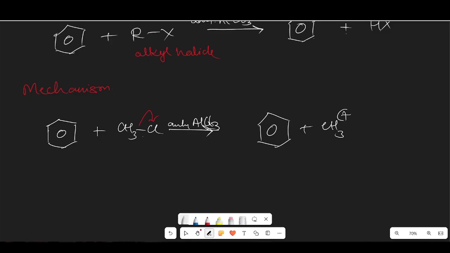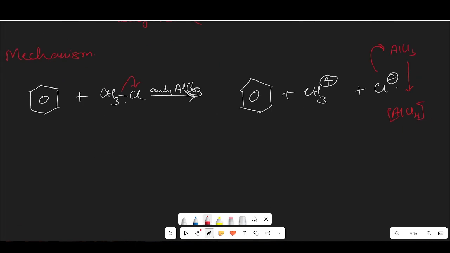We have a methyl carbocation, which as we all know is very unstable, followed by chloride ion, which will attack on the catalyst to form the nucleophile catalyst complex, AlCl3. This will form the AlCl4 complex. That's your first step.